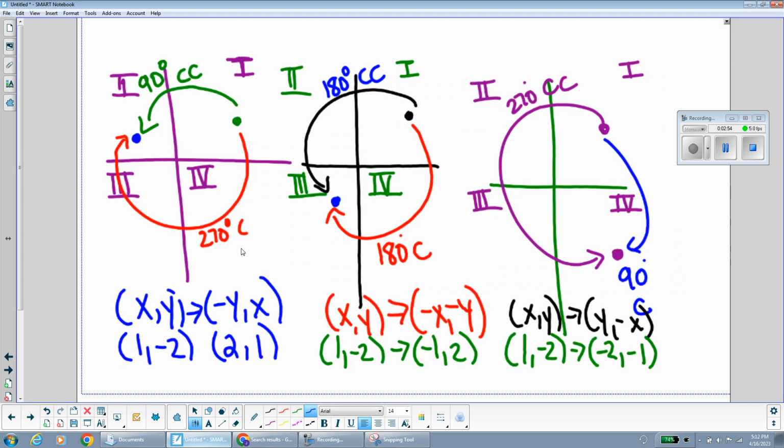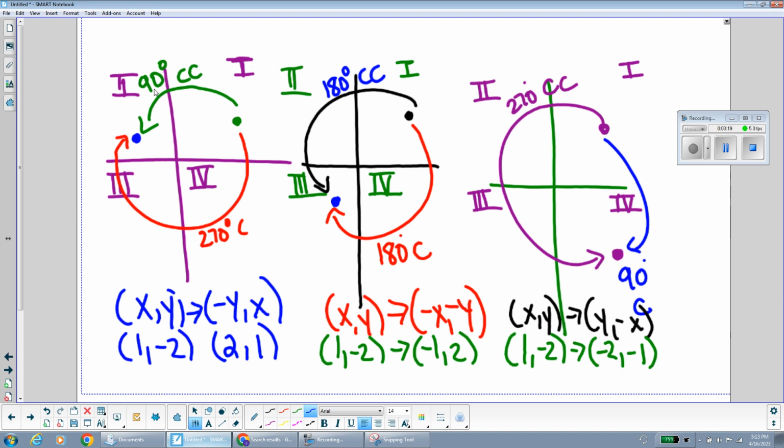So here I just have a visual on why 90 degrees counterclockwise and 270 degrees clockwise are the same thing. If I take a point and I start in the first quadrant, quadrant 1, and I rotate it 90 degrees counterclockwise, it ends up here in this spot. And that's the same thing as if I would rotate it 270 degrees clockwise, it would end up in the same spot.